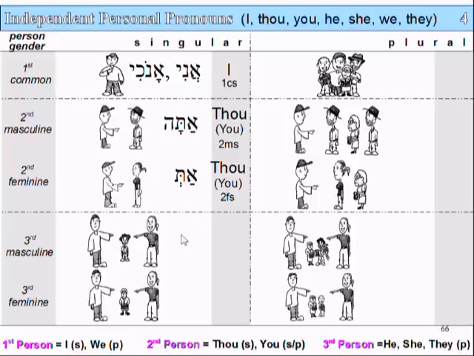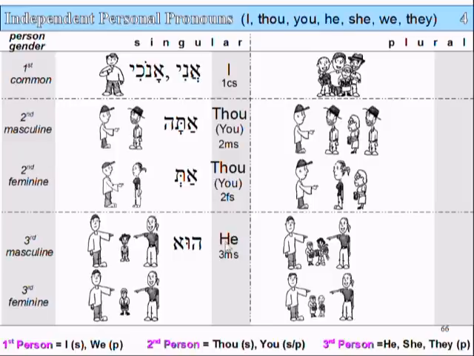Now we'll have a look at third person. When I'm speaking to somebody about somebody else, that is a third person. If I'm speaking about a man, I will say he, in English, he, 3ms, third person masculine singular.